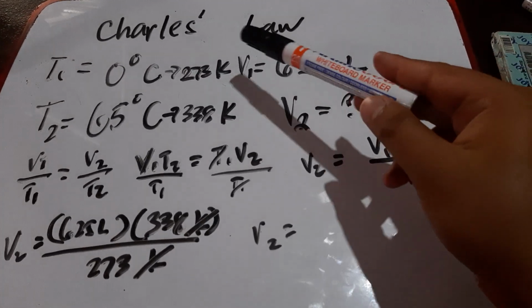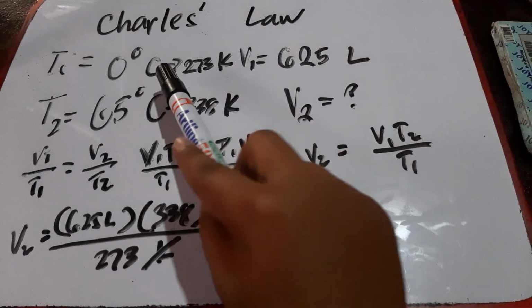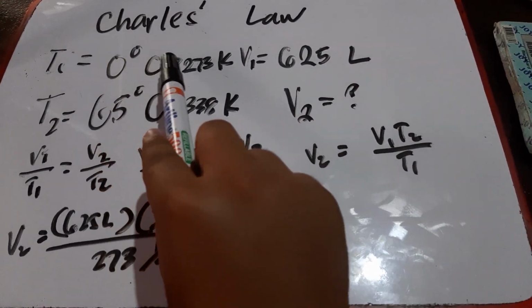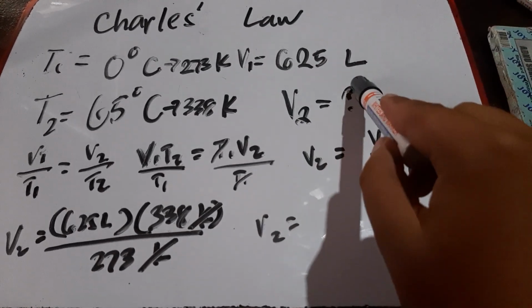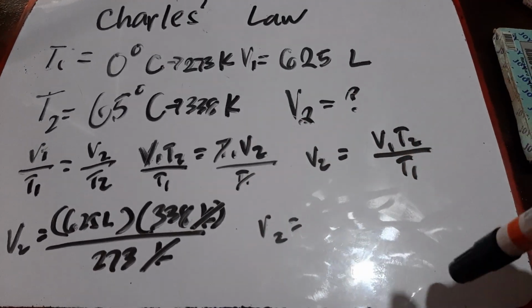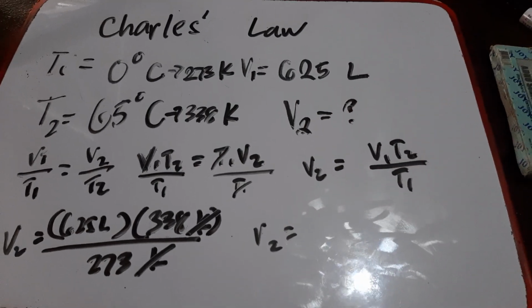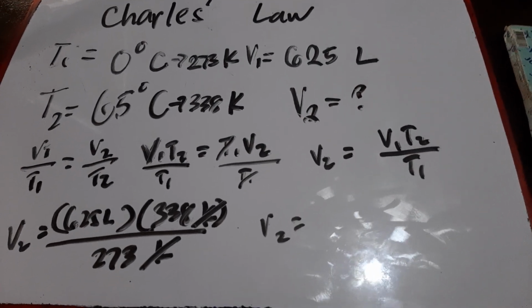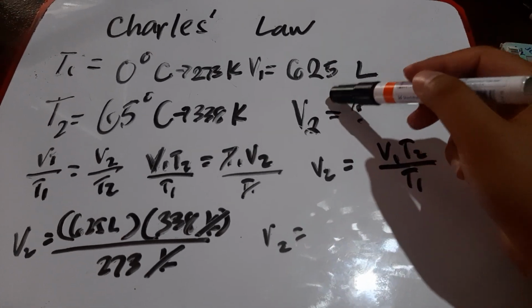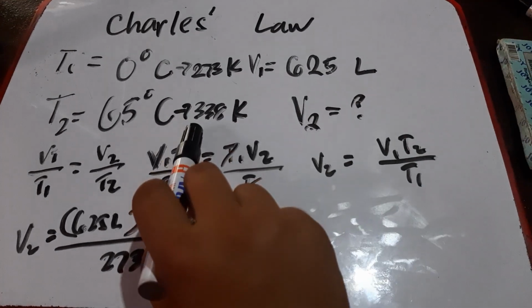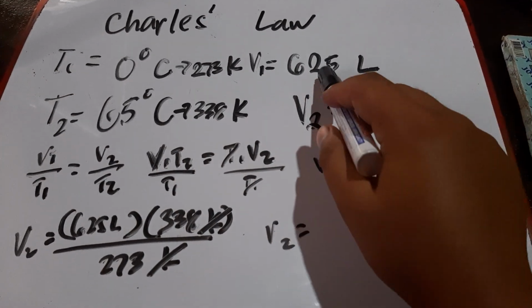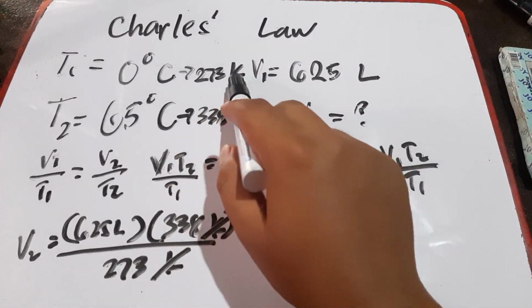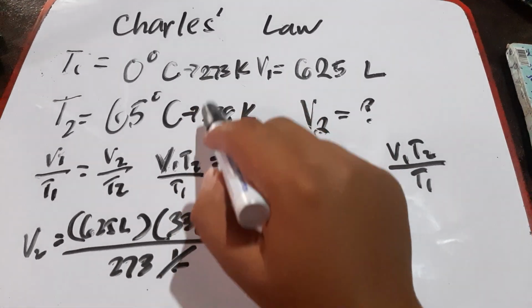So, if the relationship is true, that as we increase the temperature, the volume will increase, we are expecting a volume that is greater or lesser than 625. Very good. It should be greater than 625, because the temperature was increased.